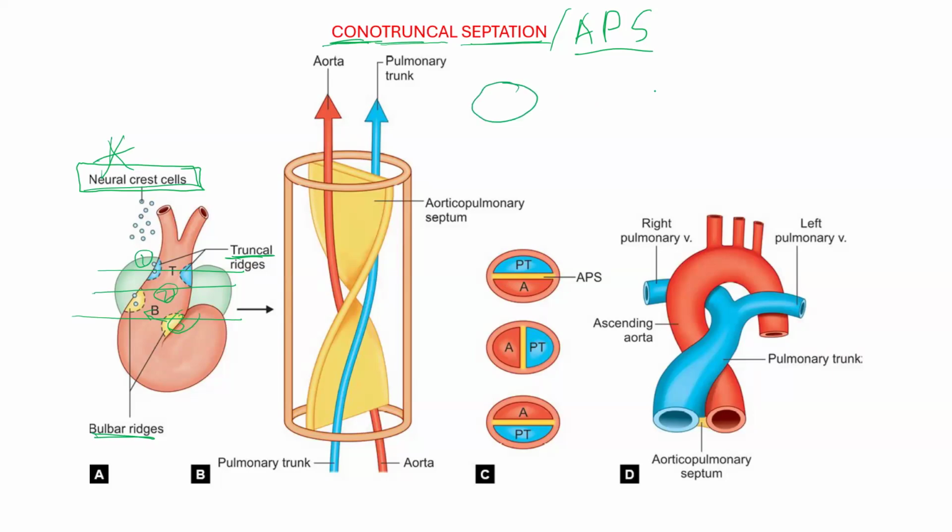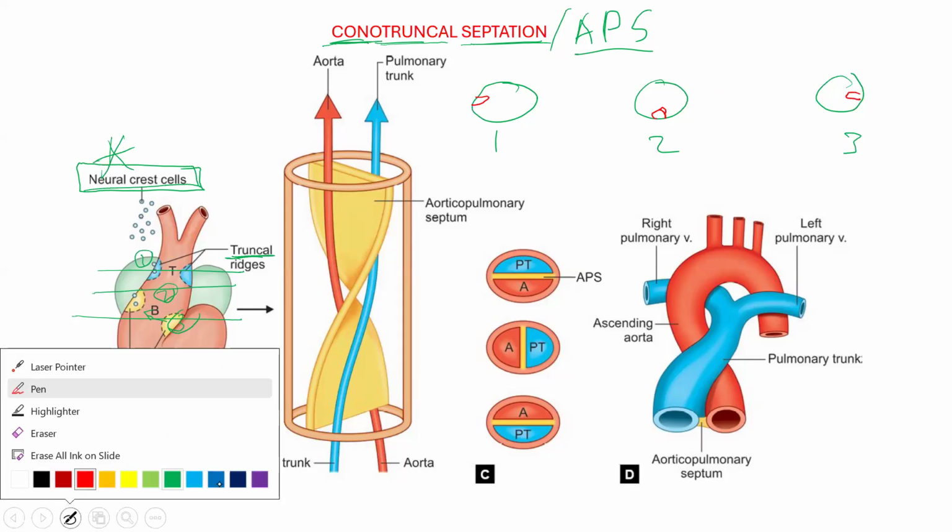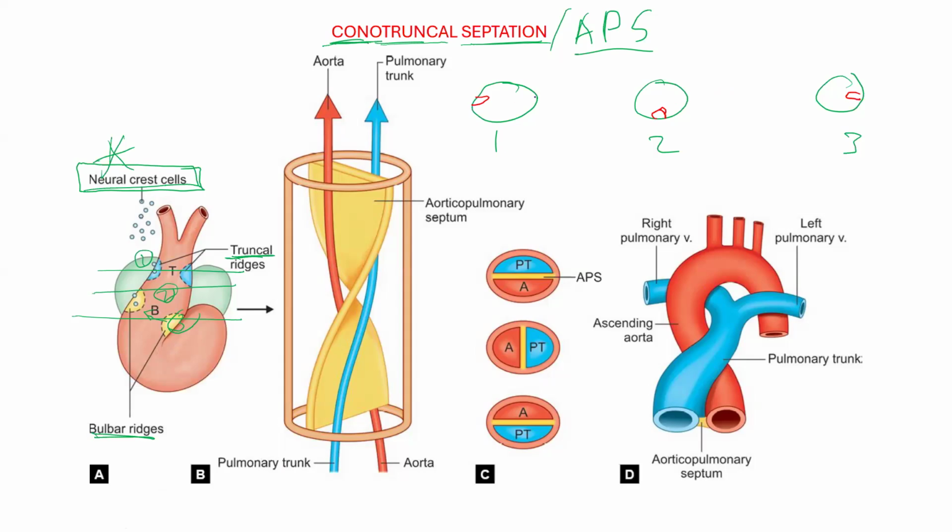Let me use different colors. Initially you see that, but when you go to 2, it comes there. And when you go to 3, it comes there. Interesting stuff. In 1, the blue one was there. It comes there and it goes there.